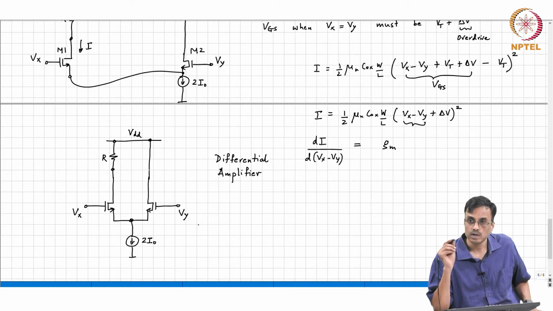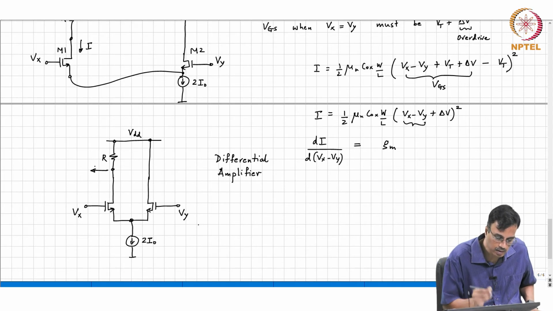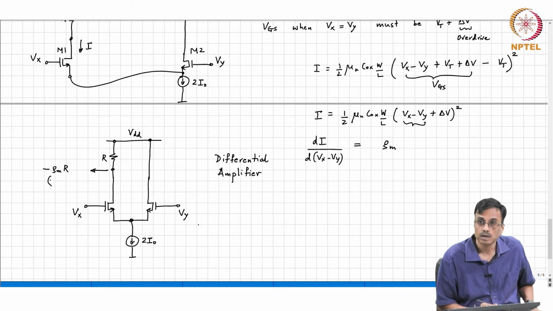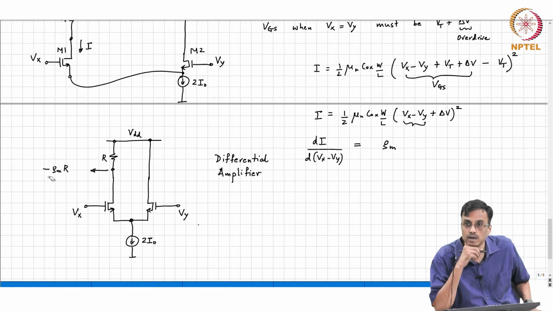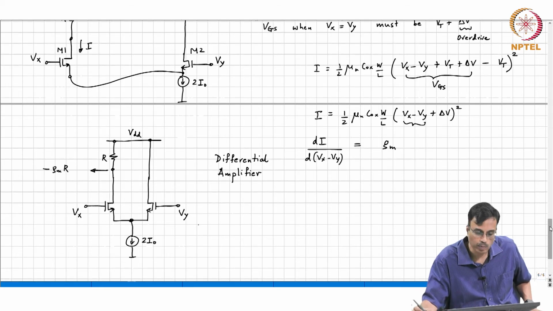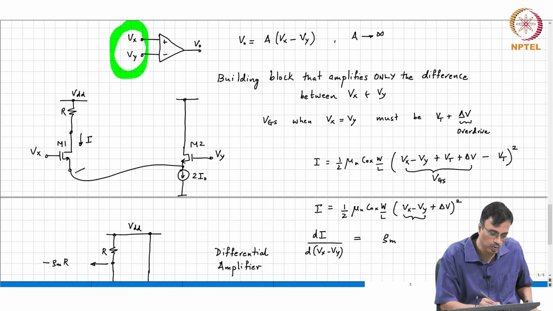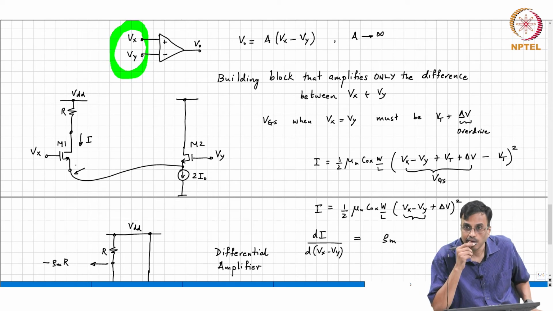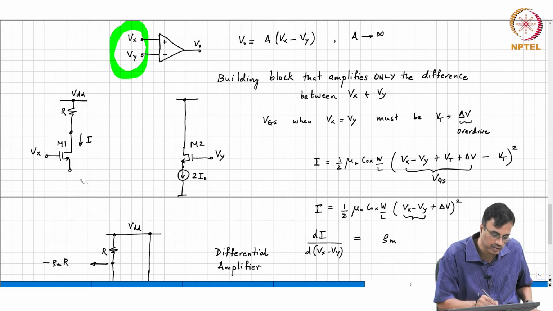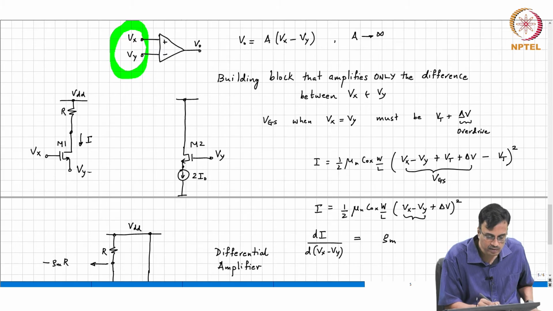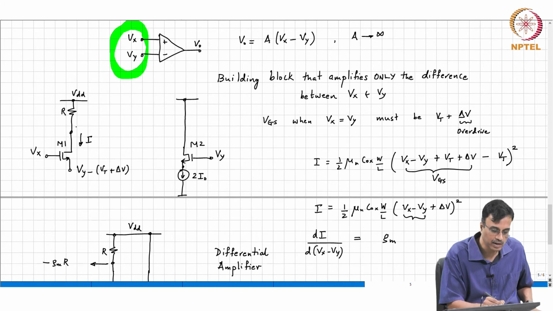So, this part you understood. What is the incremental voltage here? So, minus Gm times R times, what is the incremental voltage there? Okay, let us go back here. Okay, so, if this voltage was Vy minus some Vt minus delta V, what will be the incremental voltage here?